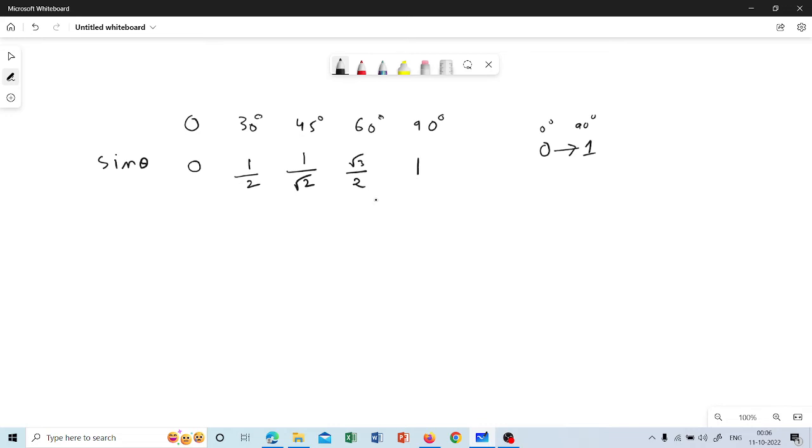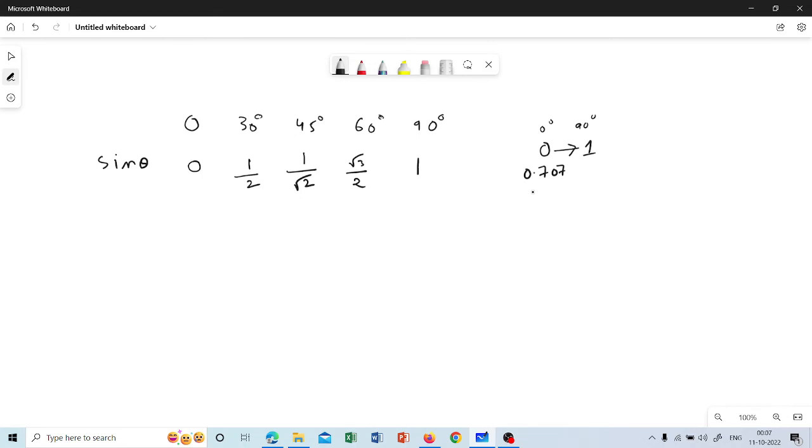So this is an observation: the sine theta value from 0 to 90 degrees increases from 0 to 1. At 30 degrees it is 0.5, at 45 degrees it is 1 by root 2, which is 0.707, and root 3 by 2 you can calculate.